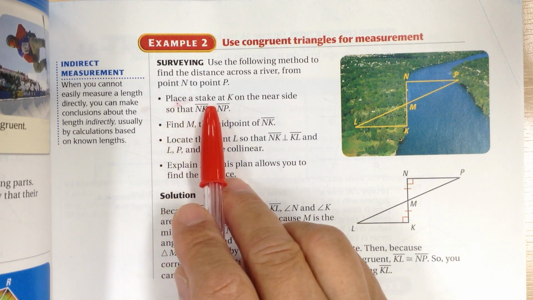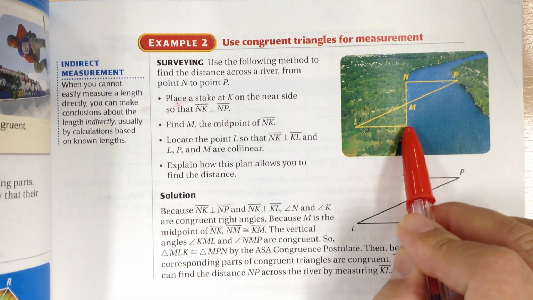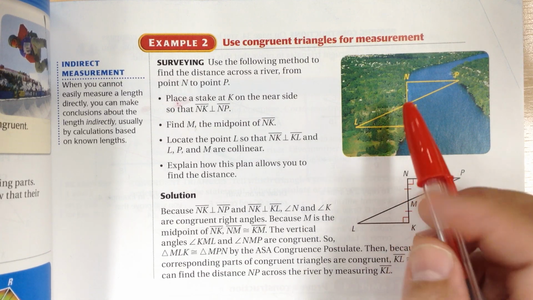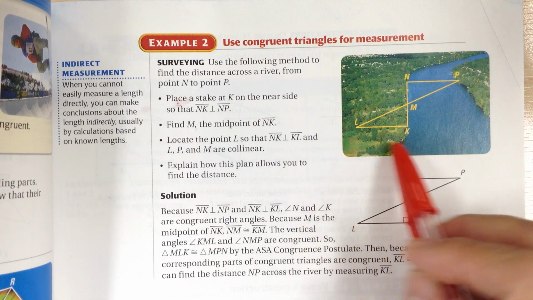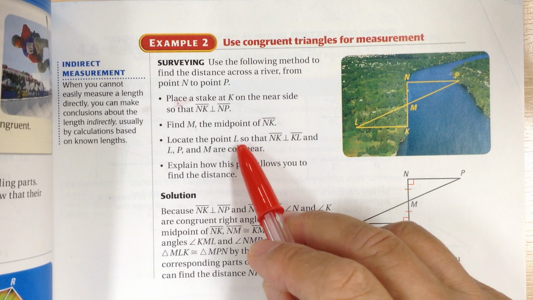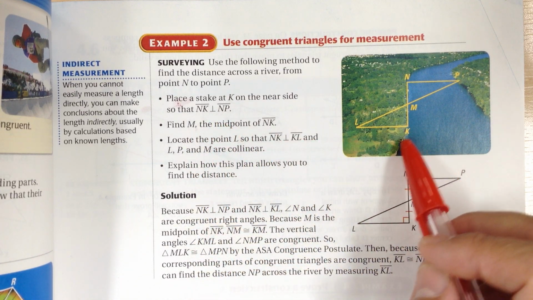It says place a stake at K. So put a stake over here on the near side, so that NK is perpendicular to NP.